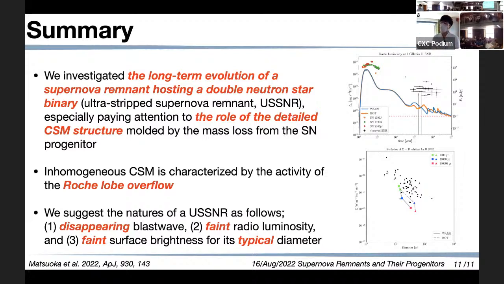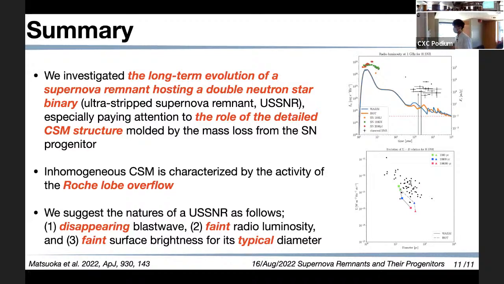Actually, we have estimated the population of the USSNR in the galaxy, by considering the timescale of observability divided by the birth rate of the USSNR, and we have estimated that the population is of the order of unity.